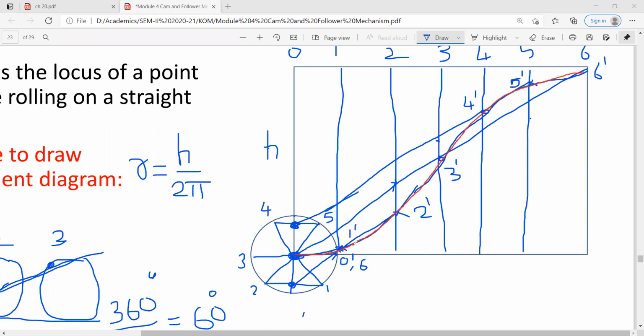Initially, though the cam angle has rotated through theta by 6, the displacement of the follower is small, and as it rotates further by an angle equal to theta upon 6, the distance traveled by the follower is greater. You can see it is increasing, then it will decrease in cycloidal way.